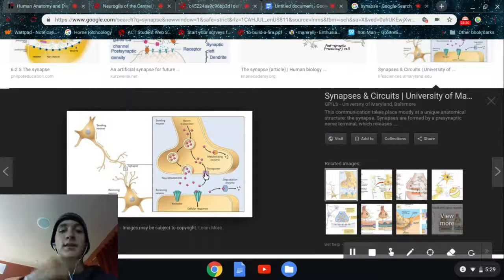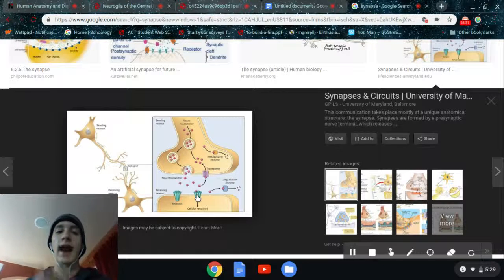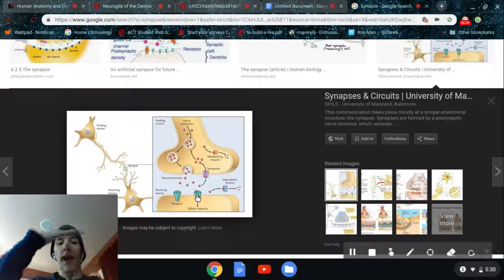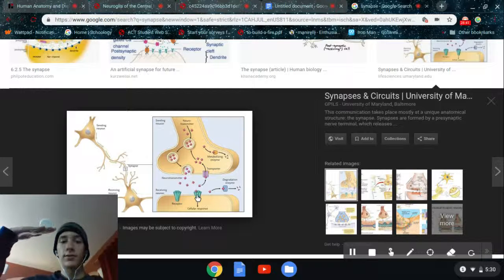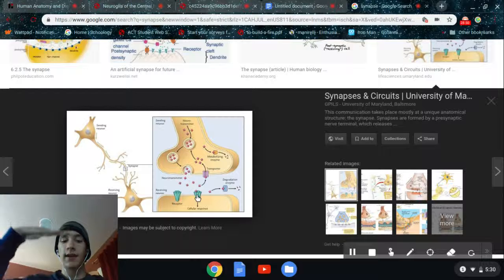So this is an excitatory activation, and an inhibitory activation is if instead of activating a sodium gate, it activated a chlorine gate, which is inhibitory. So you remember the action potential, how at resting it's at negative 70 millivolts. Well, if you open chlorine gates, it goes even further, which makes it even harder for it to activate. So sodium gates make it activate, and chlorine gates make it really not activate.